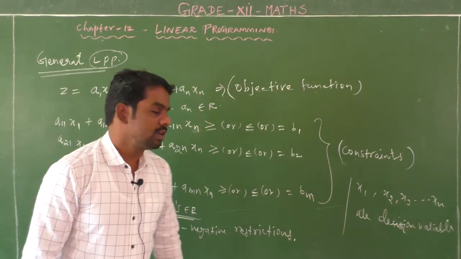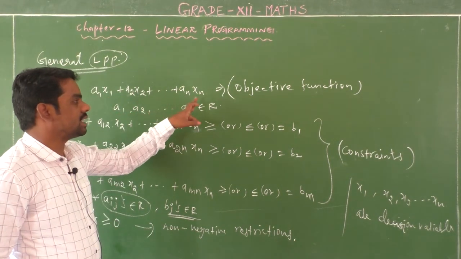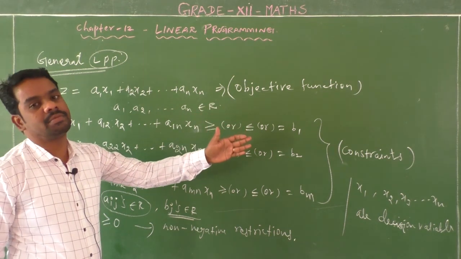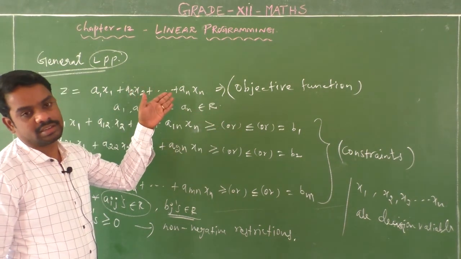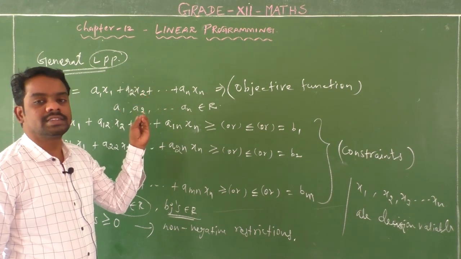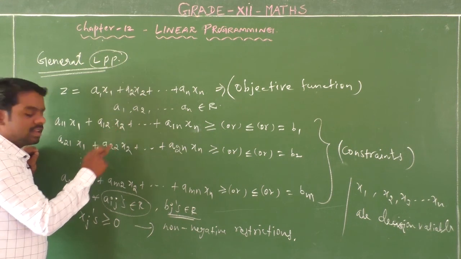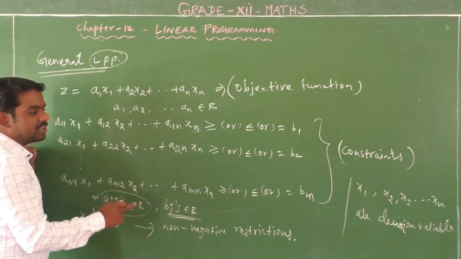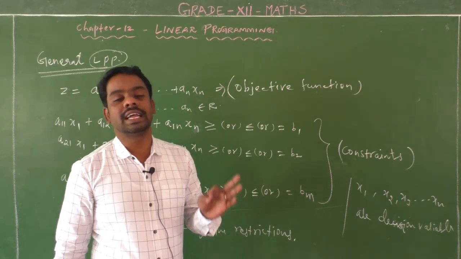Listen, here x1, x2, x3 and so on, xn are all decision variables, and a1, a2, a3 and so on, an are also real constants. The same goes for a11, a12, a13 and so on, the aij's, and b1, b2, b3 and so on, bm; the bj's are all real constants.